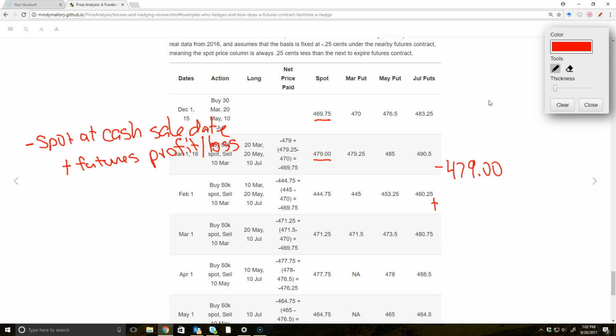Now of course, since it was a hedge, I bought my contracts on December 1st for $4.70 and I sold them for $4.79. So the $4.79 should get the plus and the $4.70 should get the minus. And that's why we have this in this column here. And if you do that arithmetic, you get exactly back $469.75.